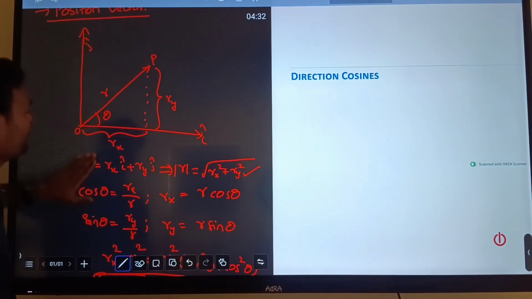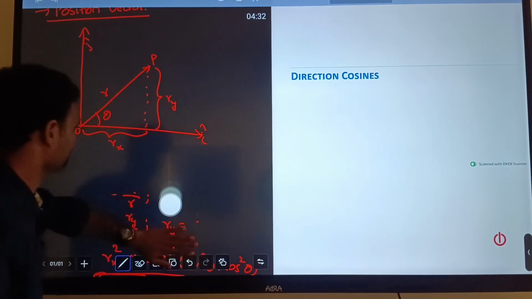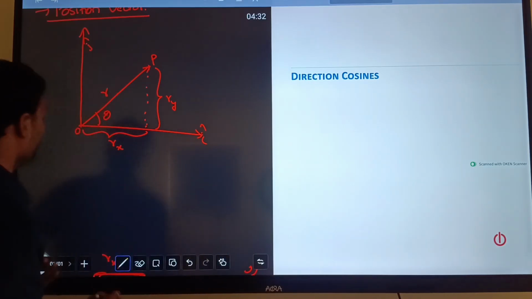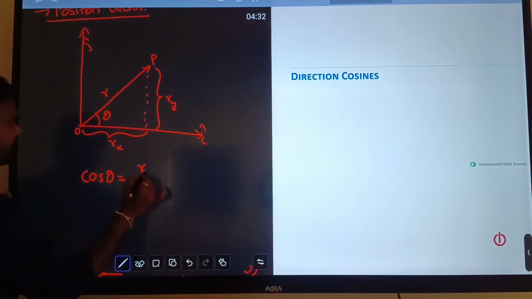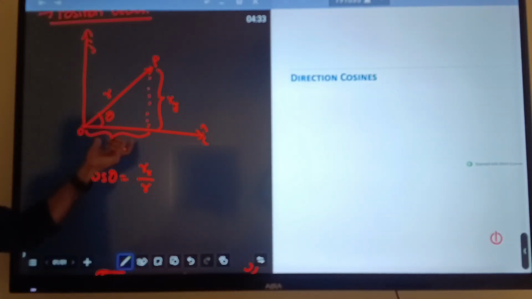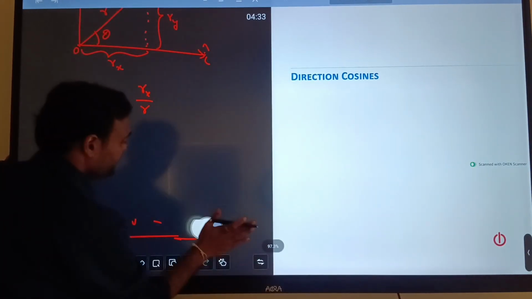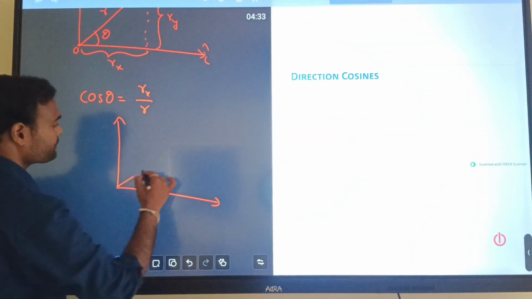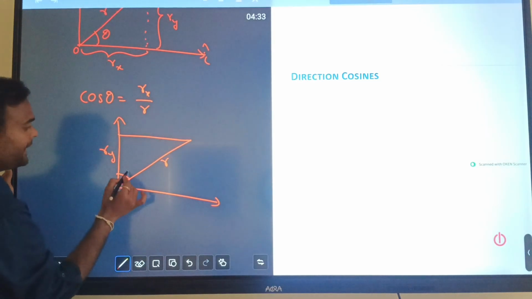And here students have to remember one most important point. See here, suppose it is the case, now we can say cos theta is equal to rx by r, right? That is, theta is lying between the adjacent side and the hypotenuse. Suppose you have a situation like this, where the angle theta is present.